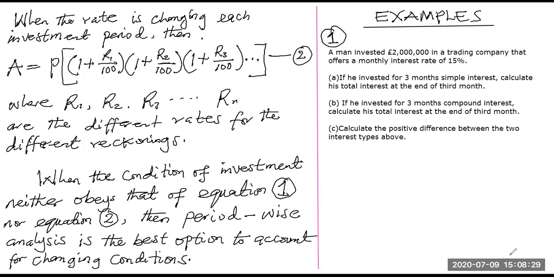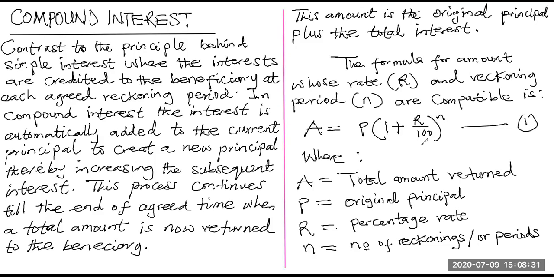Remember, when you examine this formula, this N, from the knowledge of indices, means that 1 plus R over 100 is multiplied by itself a number of times, which we don't know, and we call it N. It is just like when you have X multiplied by X, you have X squared.